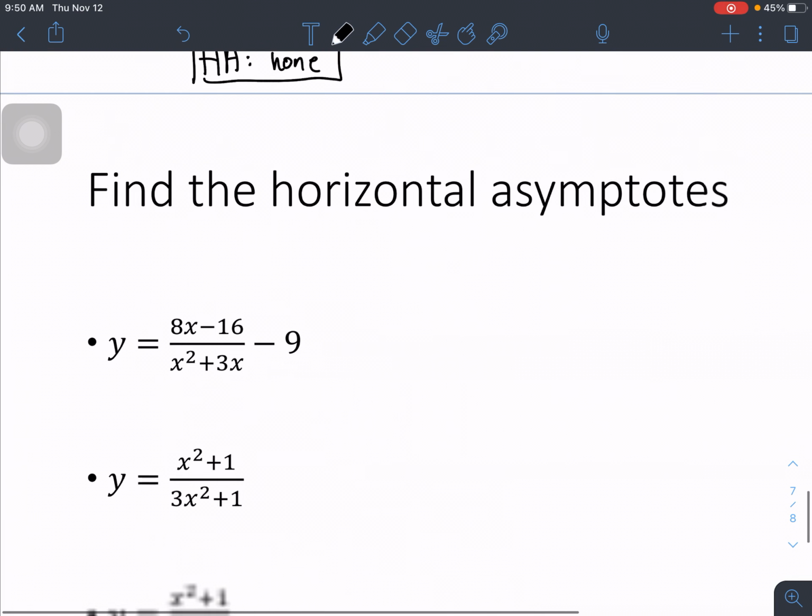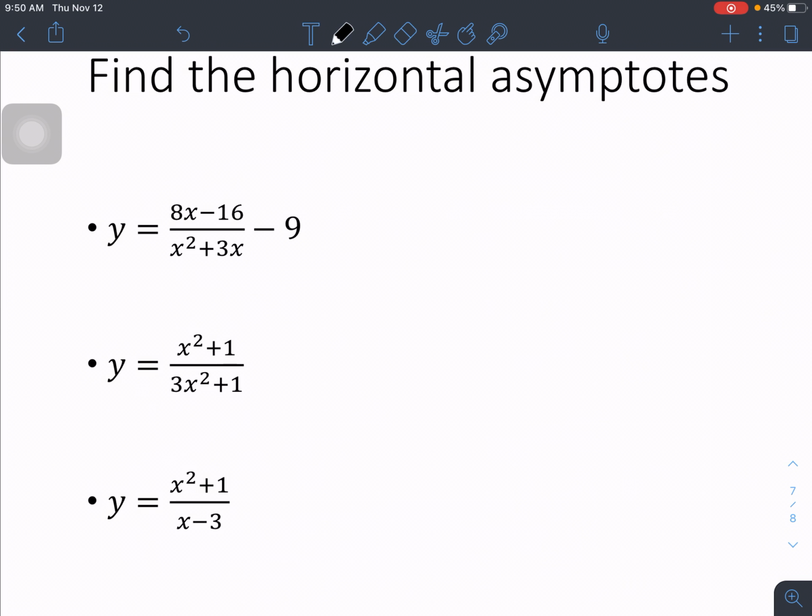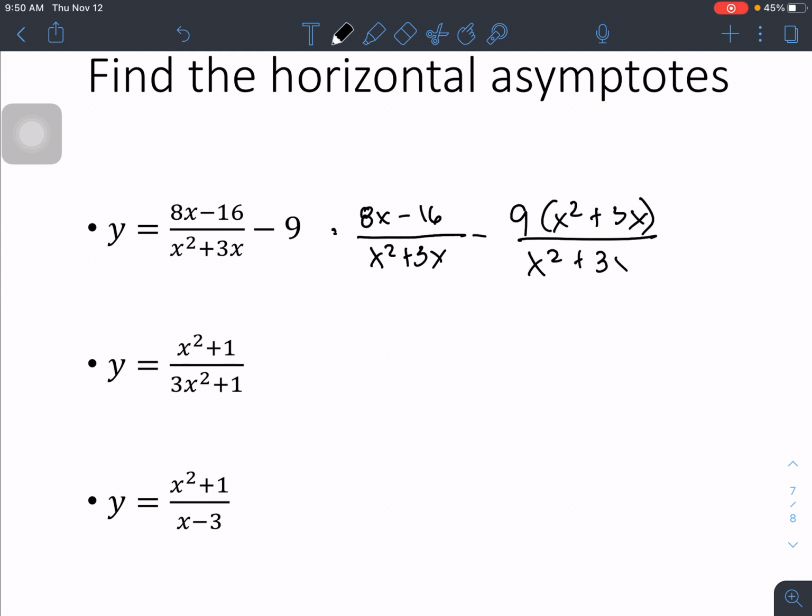Let's have more examples. We would like to simplify first before we proceed to identification of the horizontal asymptote. So this will be 8x minus 16 over x squared plus 3x, minus 9 times x squared plus 3x over x squared plus 3x.